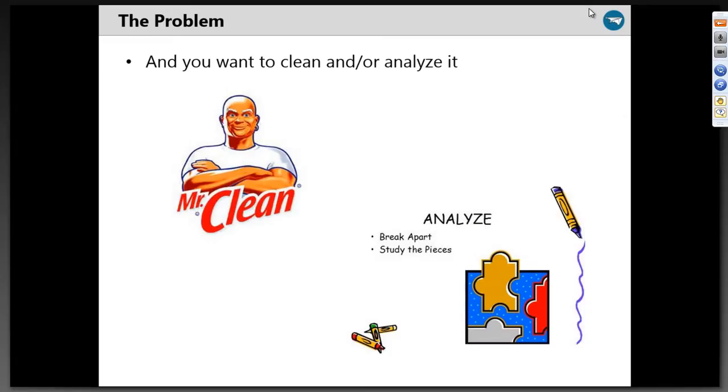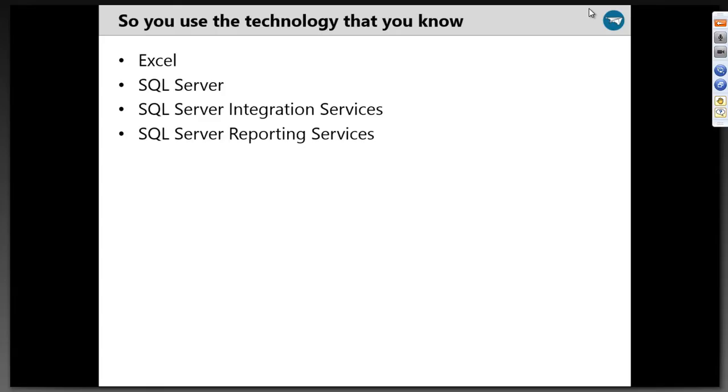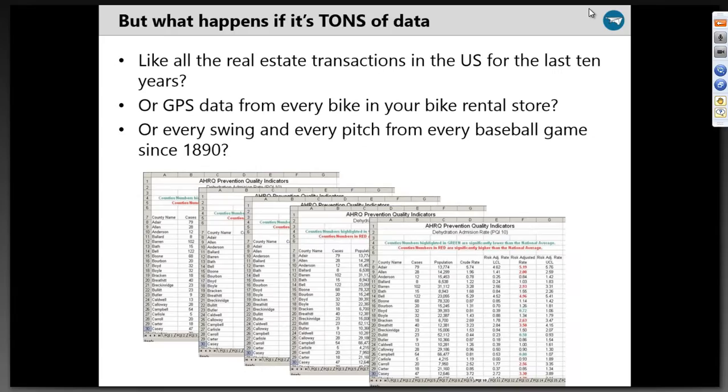And that's fine. If you want to clean and analyze it using your existing structures and you can do that, then that's absolutely fine. And so often we just use the tools that we know. We'll use Excel, or we'll use SQL Server Integration Services or Reporting Services to clean and to analyze the data. But what happens if it's a ton of data?